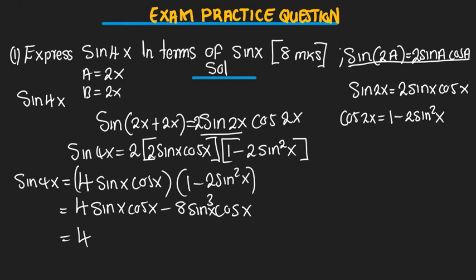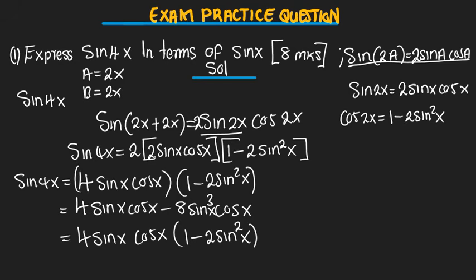Sine x is also common. What else? Cosine x is also common. This is going to leave 1 remaining, then we're going to remain with minus 2 sine squared x, like that.